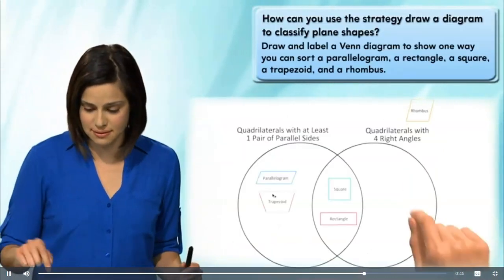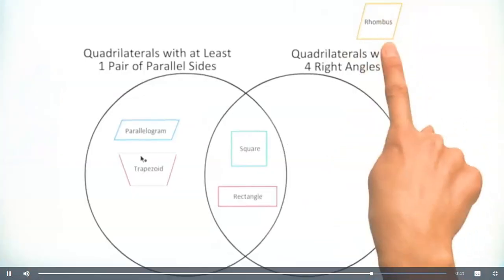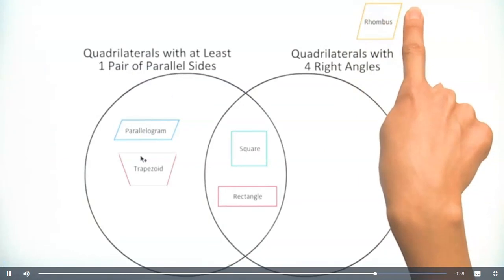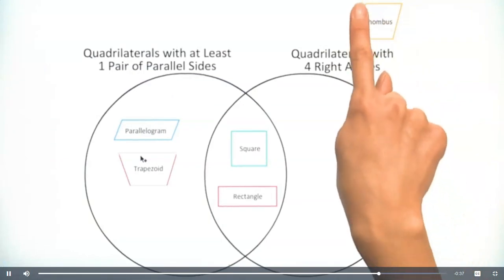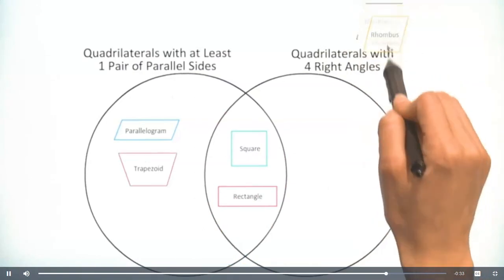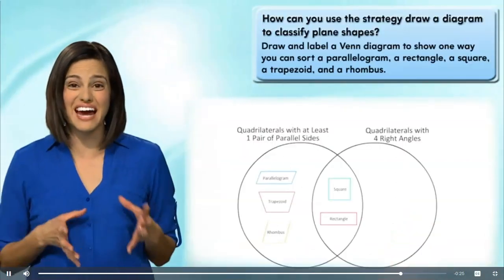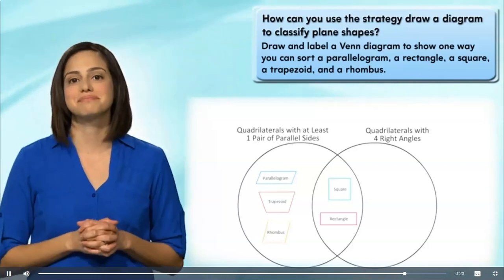Here we have a pair of parallel sides. Here's another pair of parallel sides. Also, the square has 1, 2, 3, 4 right angles. So where do you think the square belongs? If you said where the Venn diagrams or the circles overlap, then you are correct.